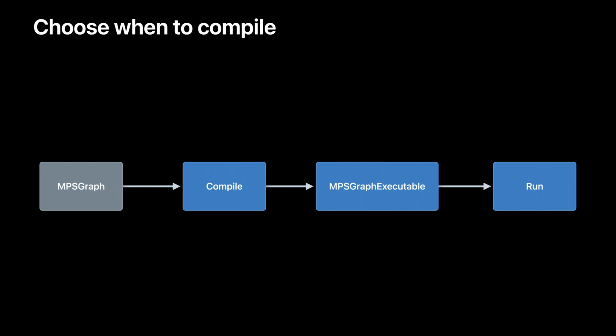Users now have the ability to invoke compilation ahead of time so you can choose the timeline for compilation. With the compiled executable, you can call run directly on the MPSGraph executable. This gives the user control on when the graph is compiled and also the ability to cache the compiled executable so you can gain even more performance.